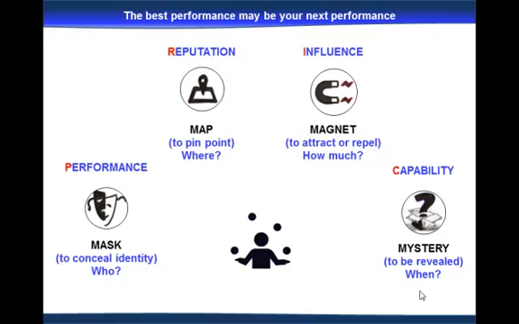Our influence is like a magnet that can attract or repel. And our capability is really our potential. It's really the great mystery of a performance art or a performer's capability. And we don't really know when it is revealed.